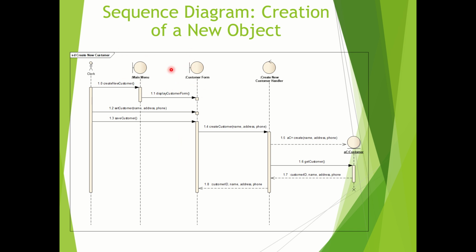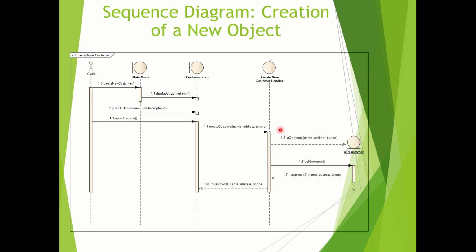This is an interface object, and now the customer adds all the necessary information like name, address, phone, etc., and saves the customer. Once all the information is given, it creates the customer with address, name and phone, and that goes through a create new customer handler. This handler is nothing but a controller, which has the main control logic itself.